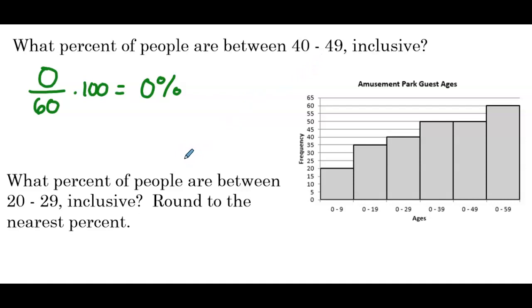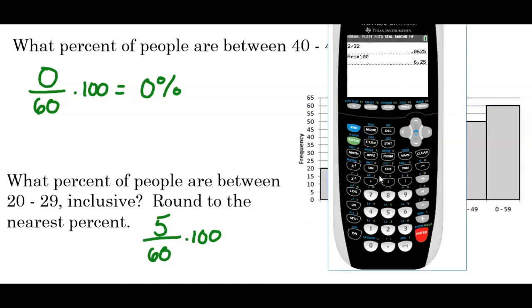What percent of people are between 20 and 29 inclusive? Round to the nearest percent. So we're going to compare 0 to 29 with 0 to 19. So we're looking at the increase right there. So it's an increase of 5. So 5 people are in this age range out of the 60 at the park times 100. Use the calculator here.